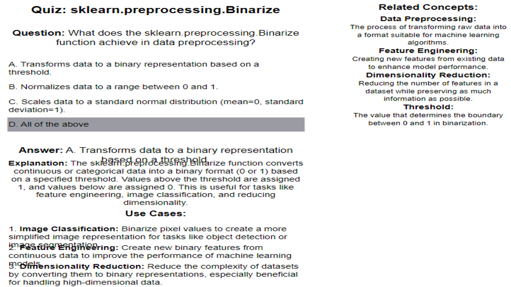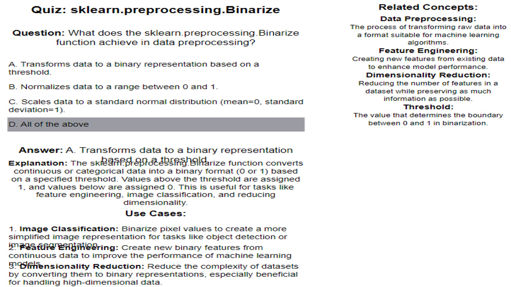This can be beneficial for algorithms that work well with binary data or for reducing the complexity of the data for better performance. For example, consider a dataset with ages of people. We can use binarize to create a new feature indicating whether a person is above or below a certain age, for example 30.